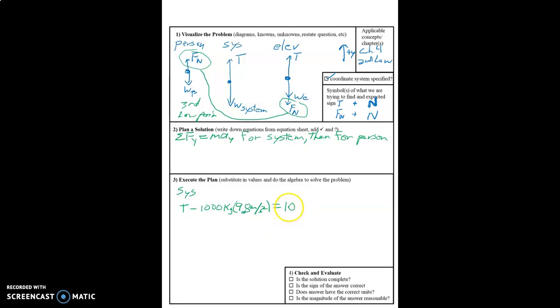Oh, and look, I made a mistake. Let's go ahead and correct that now. It said the weight of the system, and I put 1,000, but I just remembered the elevator has a mass of 1,000. The system has a mass of 1,090. All right, so I fixed that.